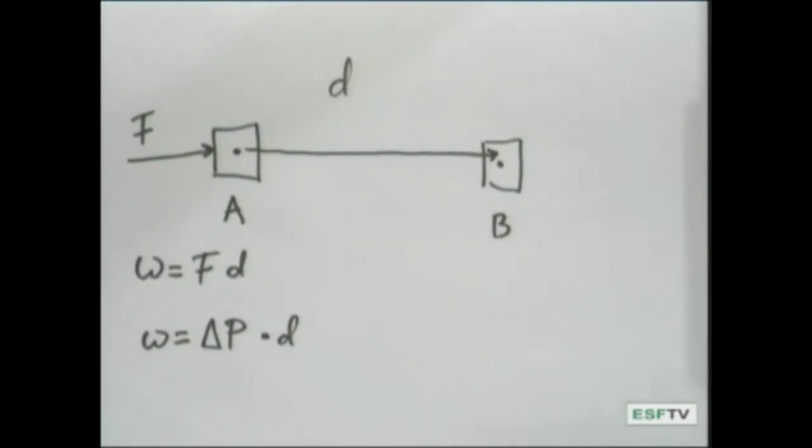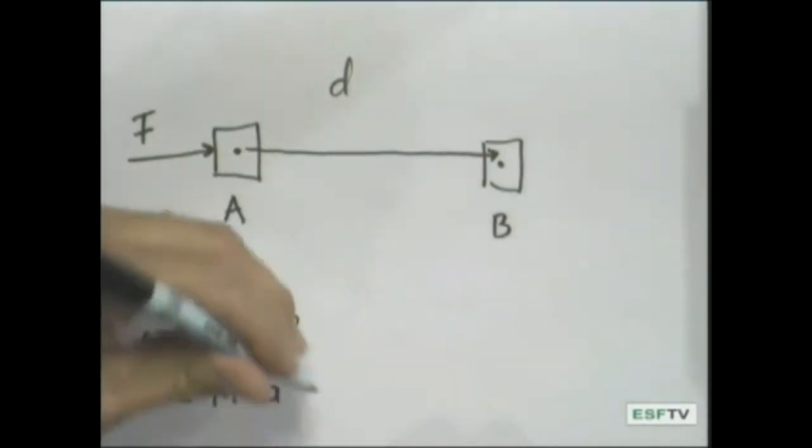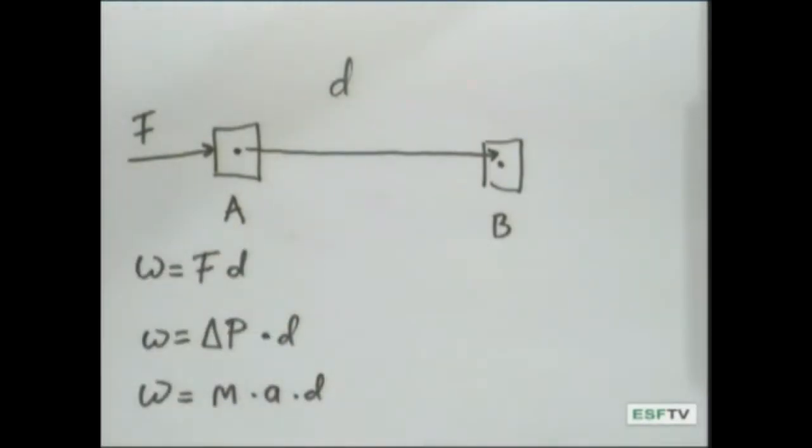We also discovered that a change of momentum is related to Newton's first law, so that the change of momentum is actually equal to an acceleration of a mass. So again, we can reformulate this equation. Work is equal to a mass, the product of a mass that is accelerated, which we will abbreviate as A, moved over a distance.